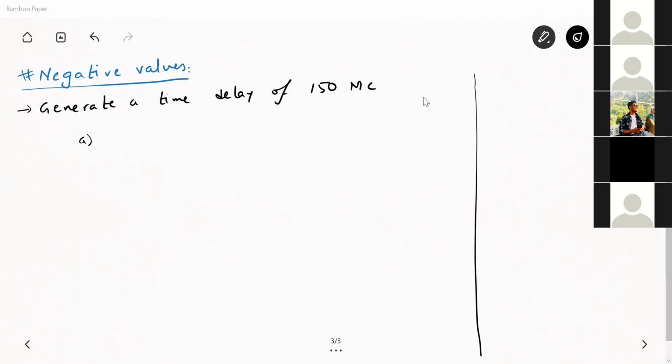Say I have told you to create a frequency of 10 kilohertz, then we need to find the time period first, right? By 1/10 kilohertz, we can find the time period. Then after finding the time period, we can find the machine cycle from the time period divided by the crystal period. All these things are already passed. We already found the machine cycle.